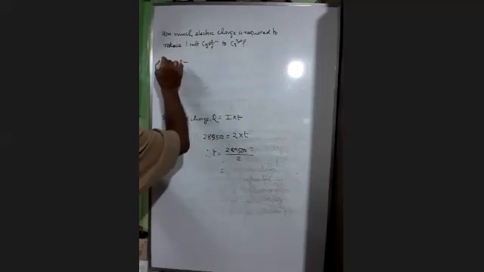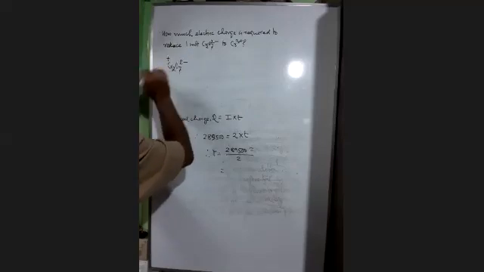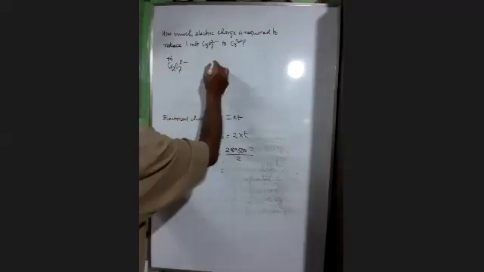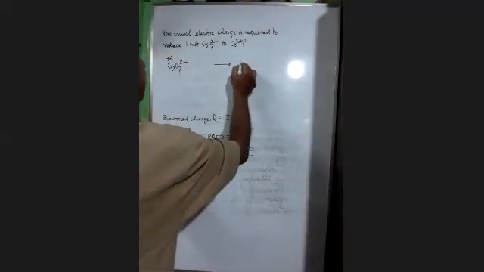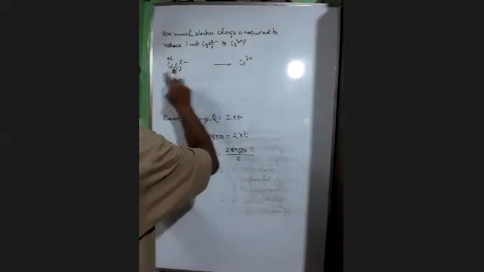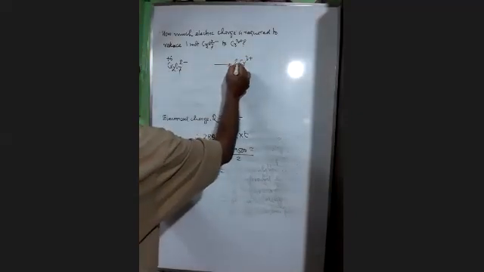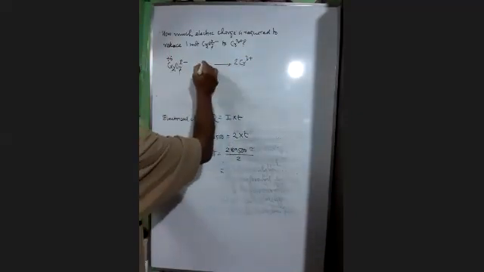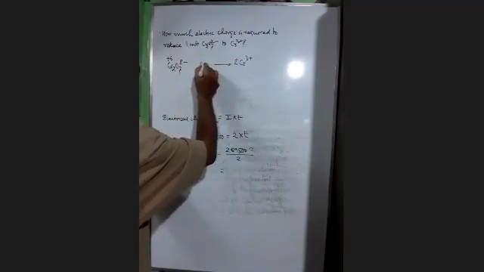Cr2O7 2-, the oxidation state of chromium is what? 7, sorry, 6. And you are supposed to get Cr3+. See, plus 6 is coming to plus 3. 2 chromium, so I have to write 2 chromium. Each chromium has taken how many electrons? 6 electrons.